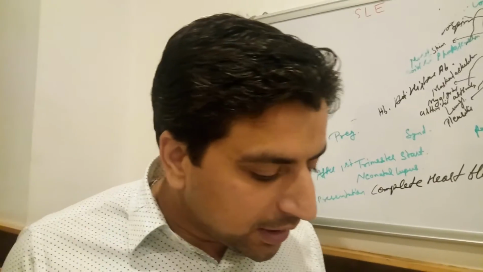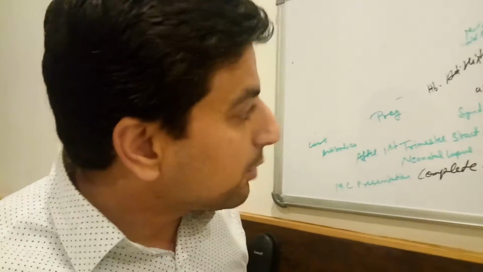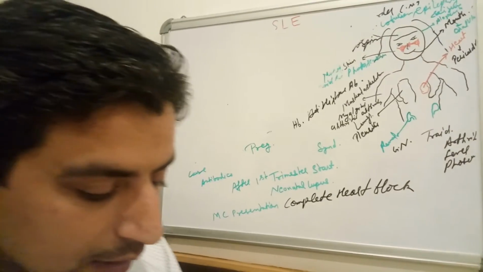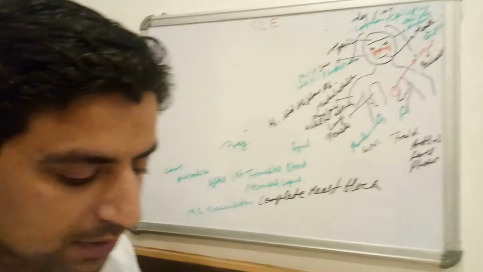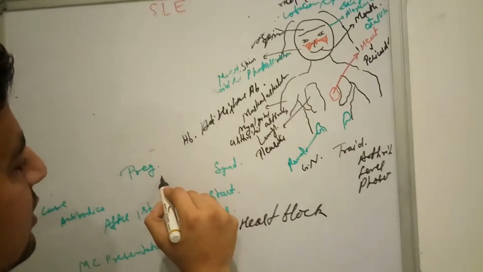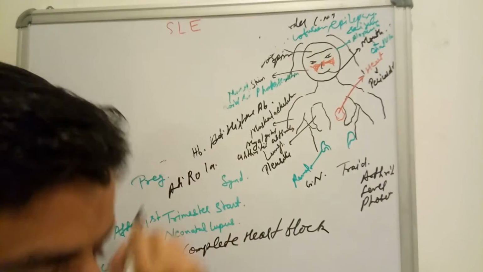The antibody responsible for photosensitivity in SLE is, we already know, for photosensitivity the responsible antibodies are anti-Ro and anti-La. In pregnancy also we see anti-Ro and anti-La antibodies.